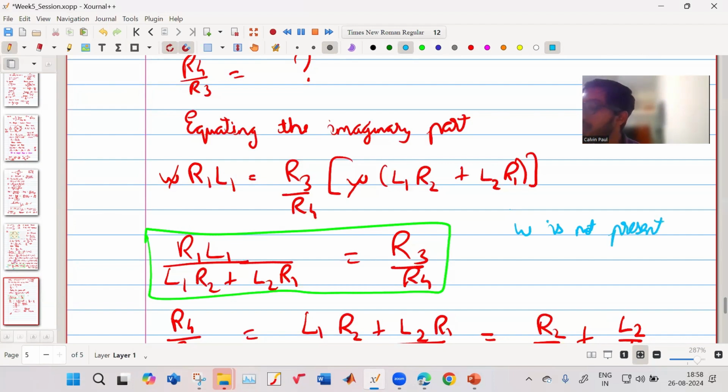So even if you change omega, if they were not balanced earlier, they will not get balanced later either, because changing omega does not affect the imaginary part of your equation. Your balance condition will not be fulfilled, and hence you cannot achieve a balance.